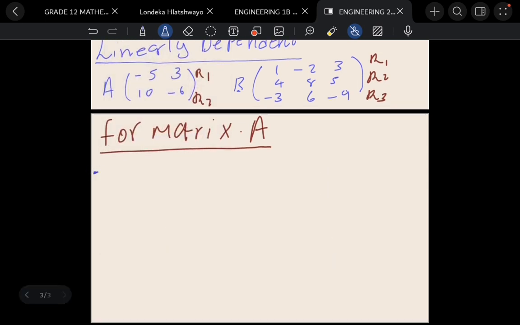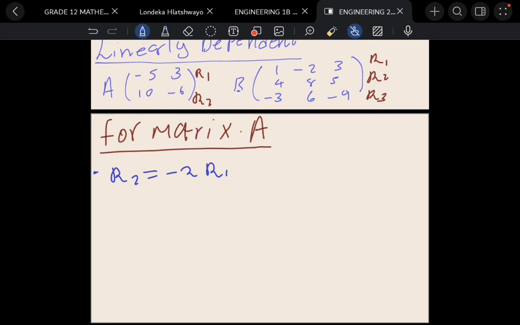We say row 2 equals -2 times row 1. To get the second row, you need to multiply the first row by -2.